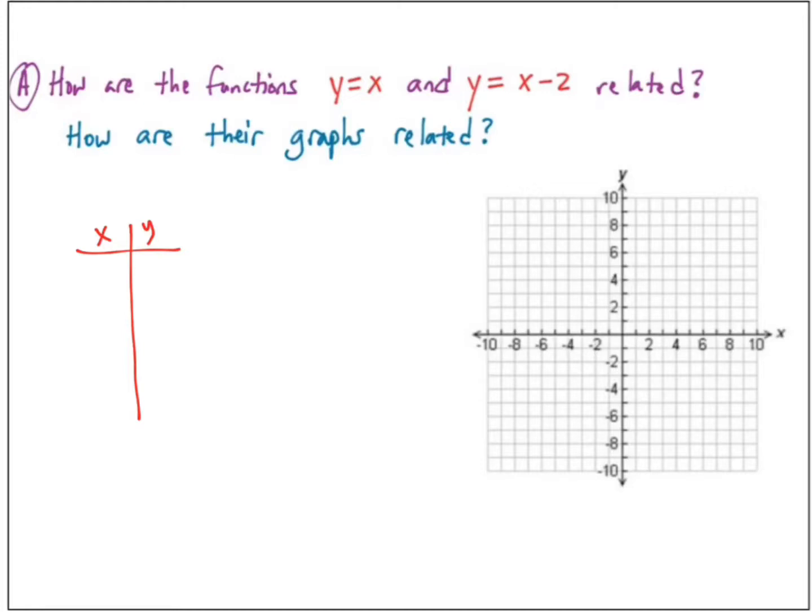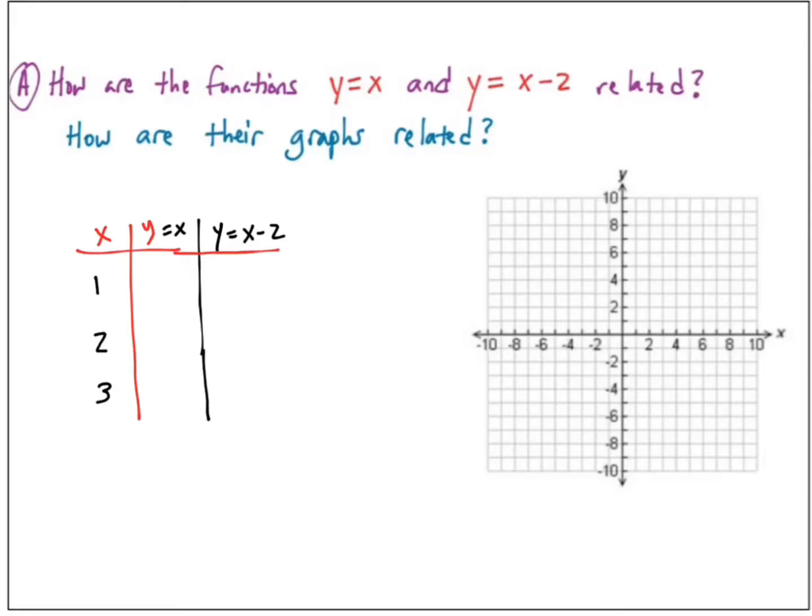For x values, let's just say 1, 2, and 3. These are your inputs. Let's make this y equals x, and then we'll have y equals x minus 2. We're going to compare how the outputs look for each of these.